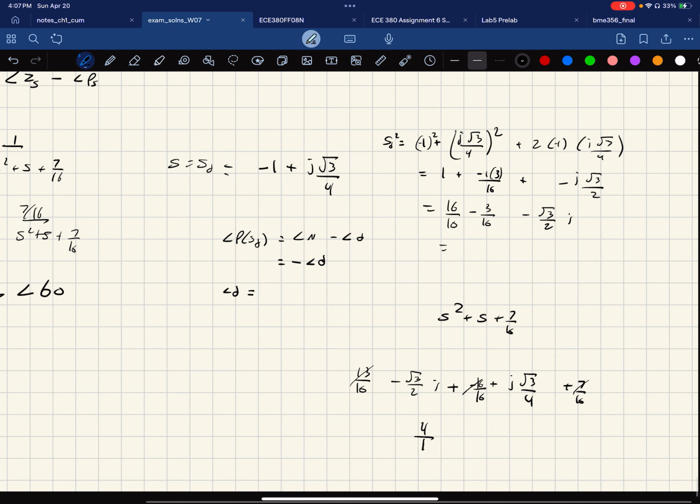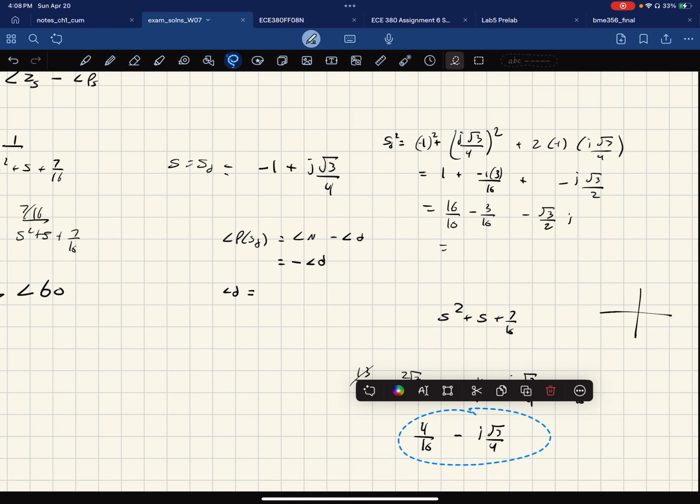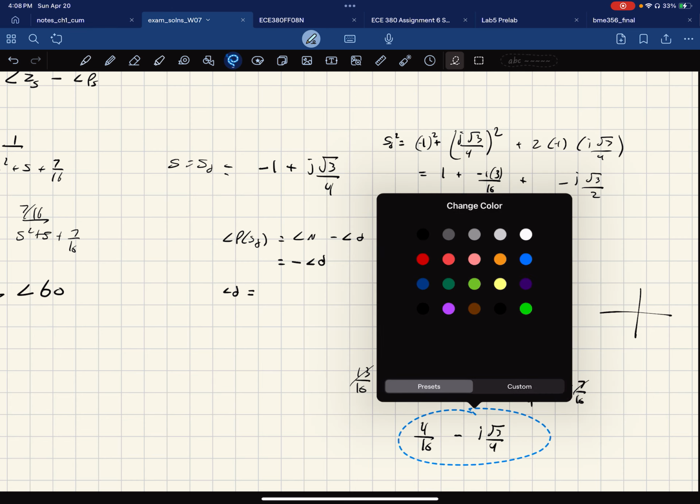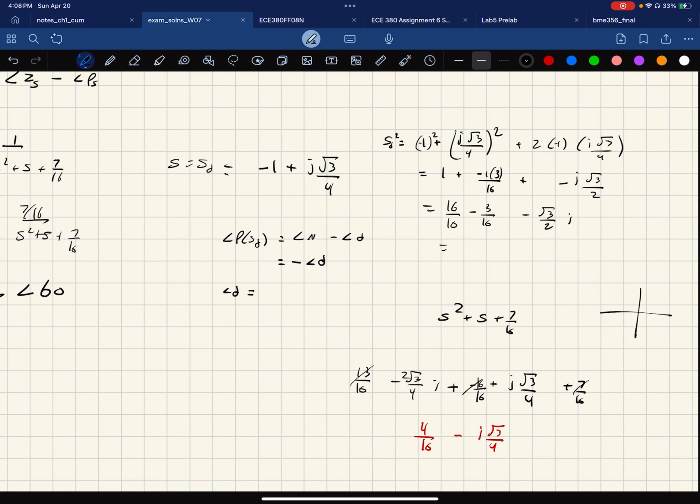So 4 over 16. And j root 3 over 4, and this is 2 root 3 over 4, so that's going to be minus j root 3 over 4. And the phase of this guy is 4 over 16, and he's at minus j root 3 over 4.